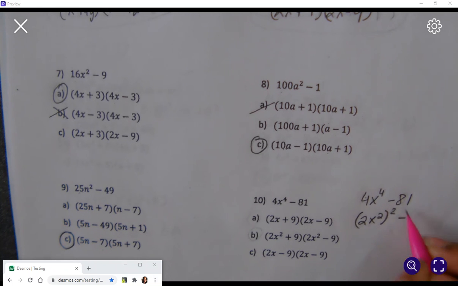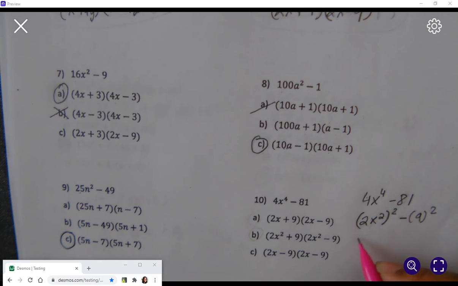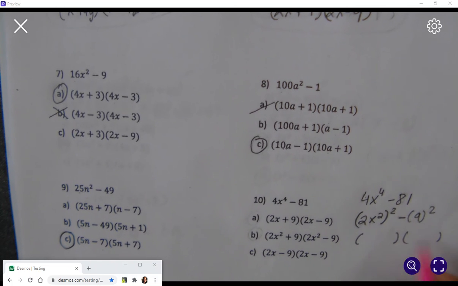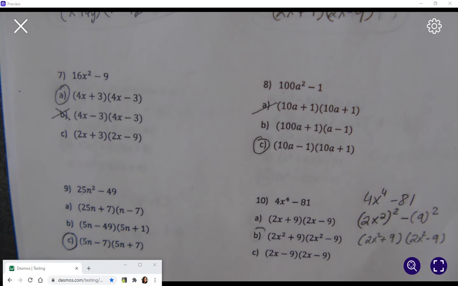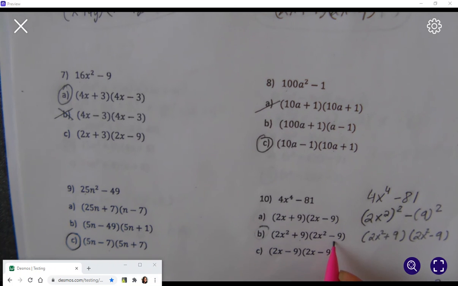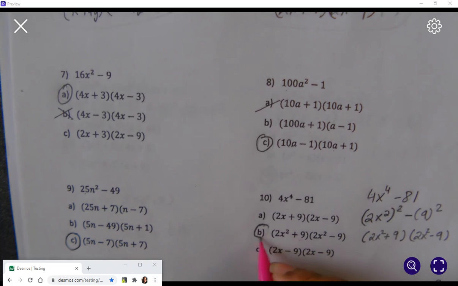Okay, this is a little tricky one. And then you have here 9 squared. So there you go. You have 2x squared plus 9, and then 2x squared minus 9.